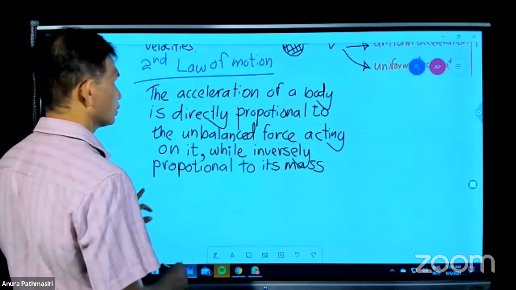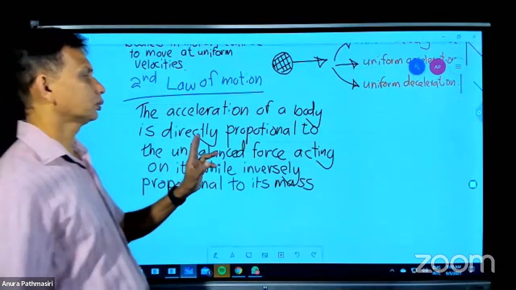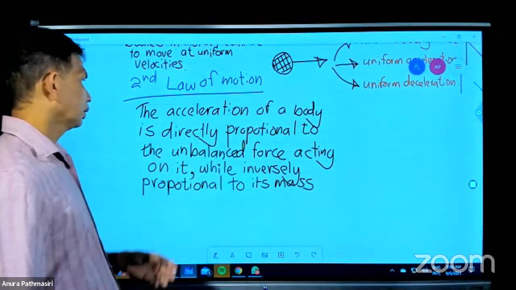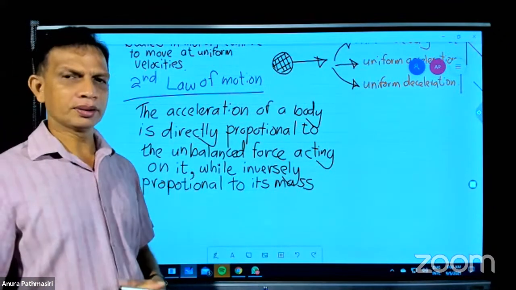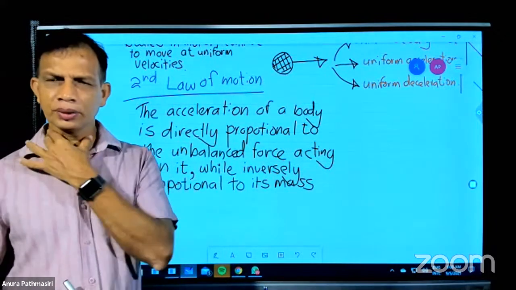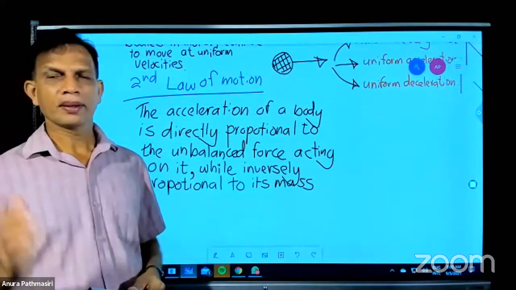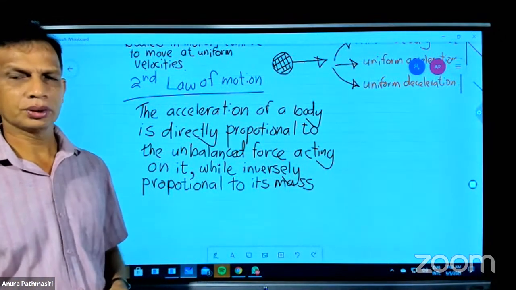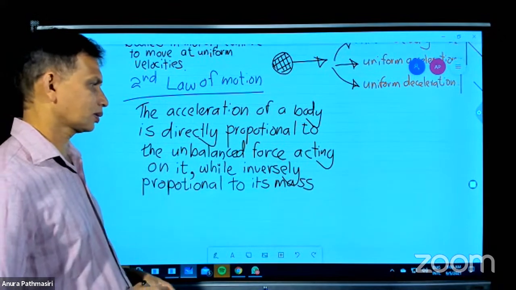We are going to analyze step by step. The acceleration of a body is directly proportional to the unbalanced force acting on it, while inversely proportional to its mass.